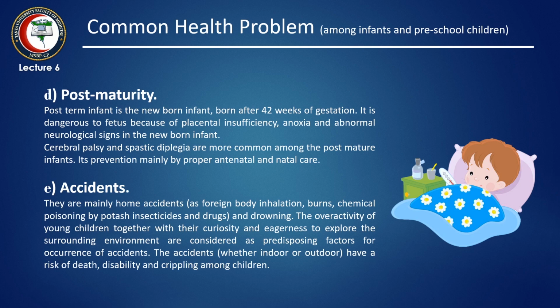The causes of accidents among children include overactivity of young children, together with their curiosity and eagerness to explore the surrounding environment. These are considered predisposing factors for the occurrence of accidents. Generally, accidents, whether indoor or outdoor, carry a risk of death, disability, and crippling among children.